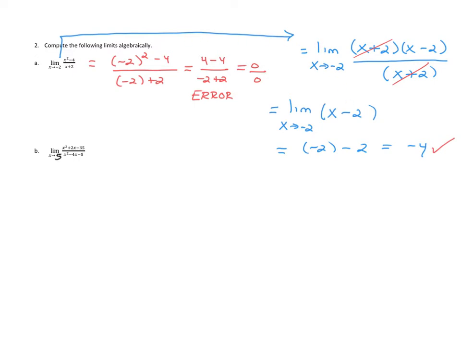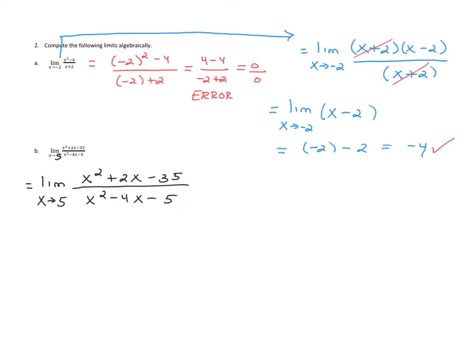For part B, I'll just rewrite this again. This is the limit as x approaches 5 of x squared plus 2x minus 35 all over x squared minus 4x minus 5. All right, the first question is, can I simply solve this by putting 5 into all of the x's? If I look at the denominator, if I plug in 5, the denominator is 0.